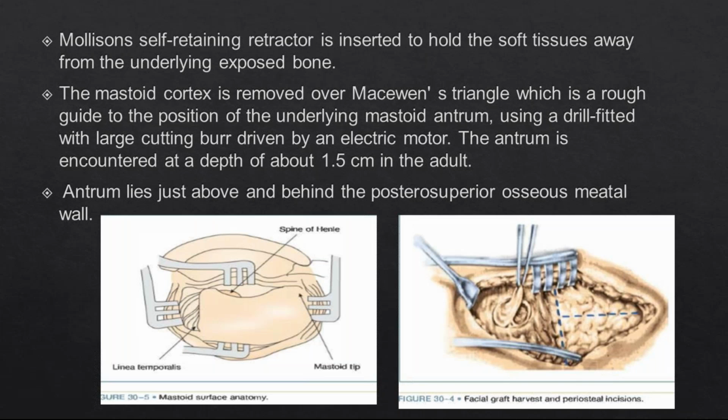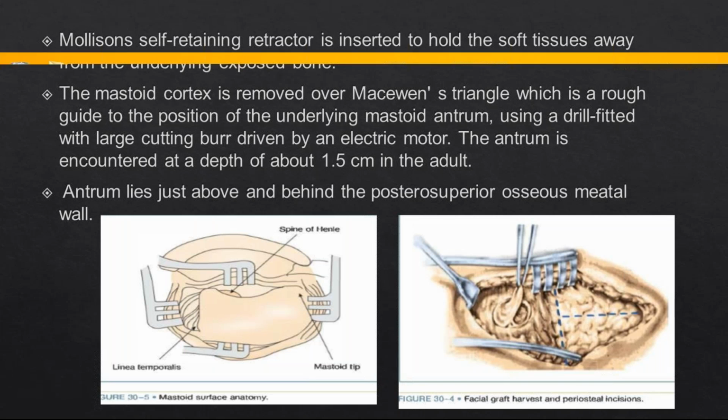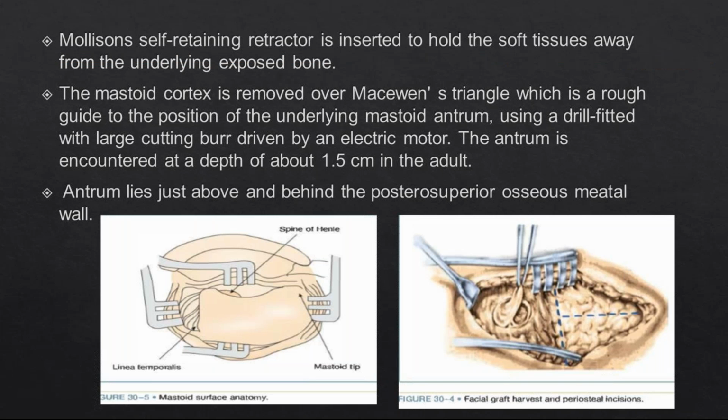So last class I had told you to always use a cutting burr. You can use a conical burr, you can use a round cutting burr, whatever you choose, use the largest possible size. With the largest burr, the chances of injuring the structures beneath the mastoid cortex are less. So use the largest burr and you start drilling.